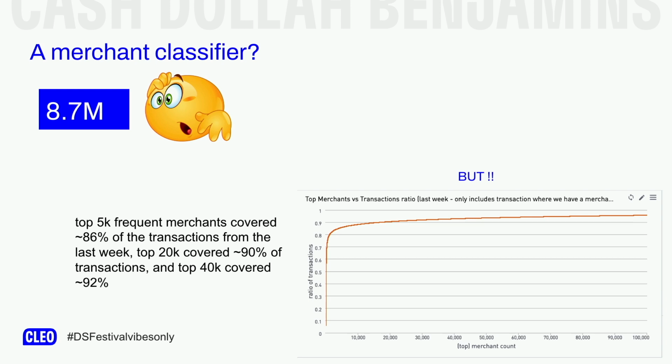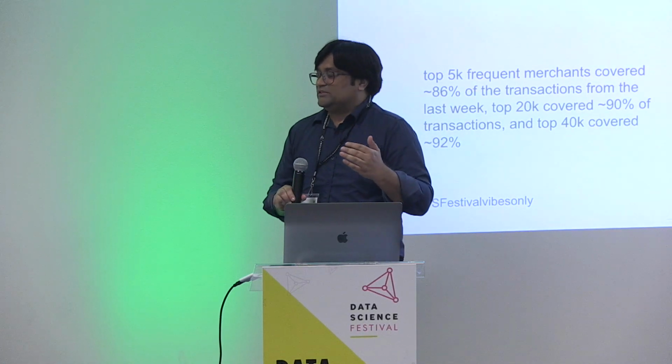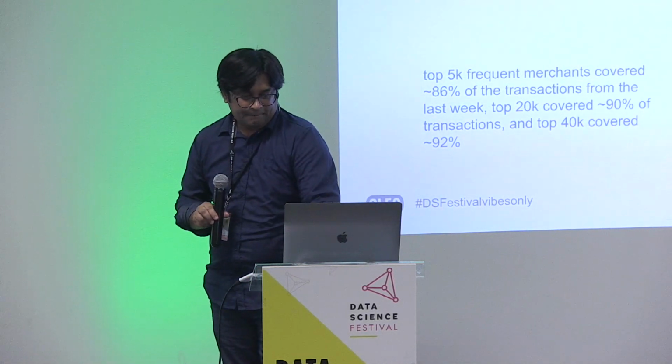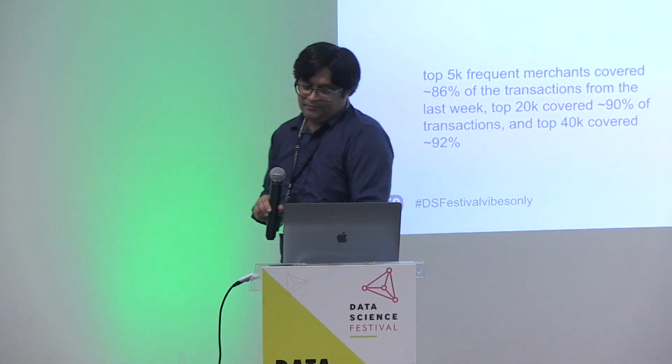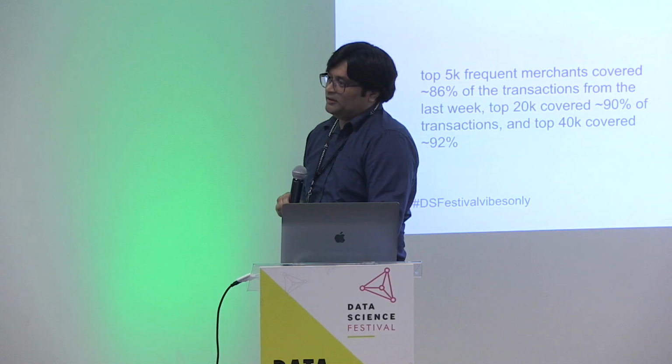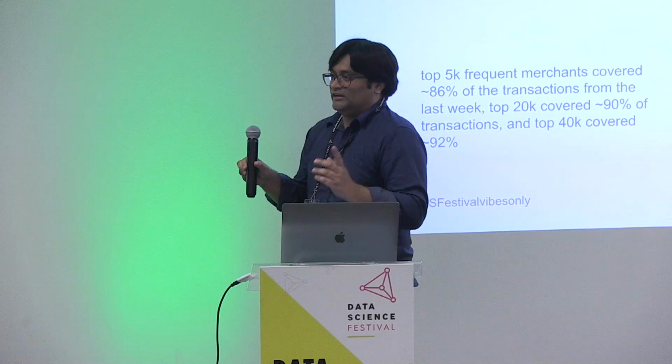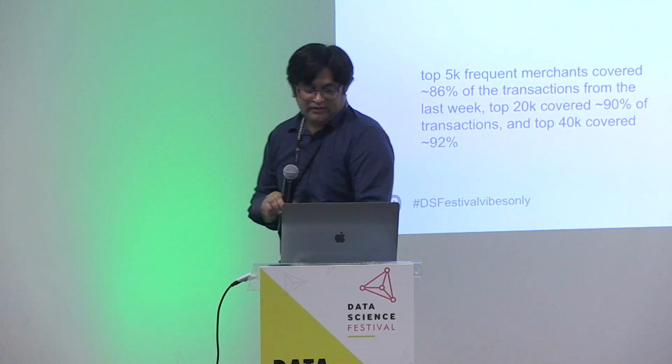If we only consider the top 5K frequent merchants, it covers almost 86% of the transactions that we already have a merchant for. And if we bump it to the top 40K merchants, it covers around 92% of the existing transaction coverage. So there's an opportunity here to build a top K merchant classifier rather than a holistic merchant classifier.